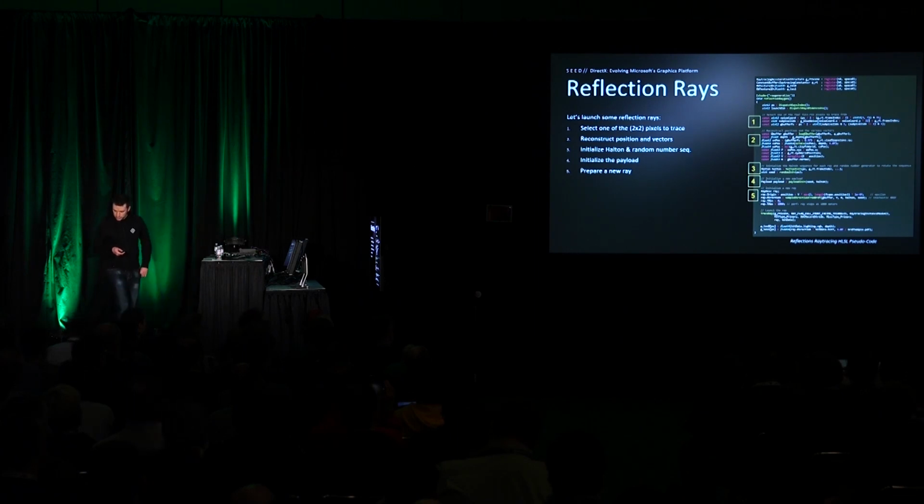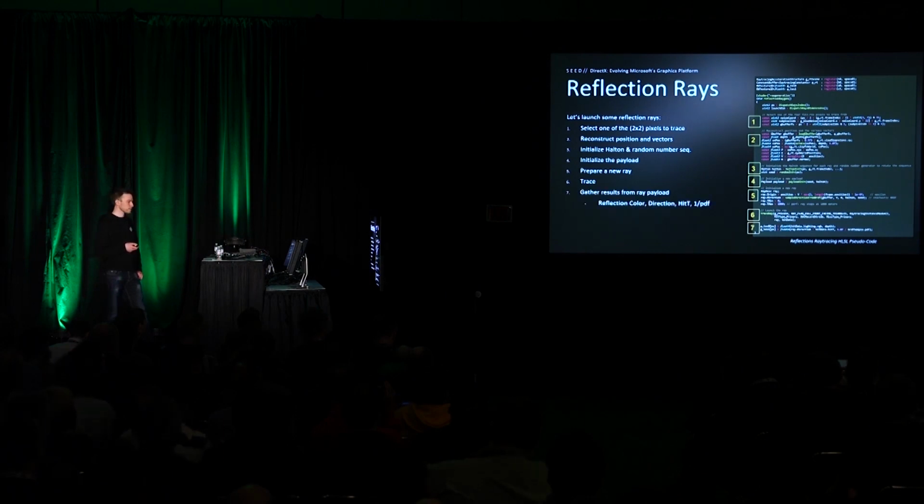Yeah, so like Matt said, you specify origin and direction. We specify direction based on some material properties, actually, but I'll cover that in the NVIDIA session, because that's a bit much for this session. We then trace, and then we gather the results from the payload. For the temporal filtering of the reflections, we gather not just the color, but also the ray direction, the ray length, and one over the PDF.